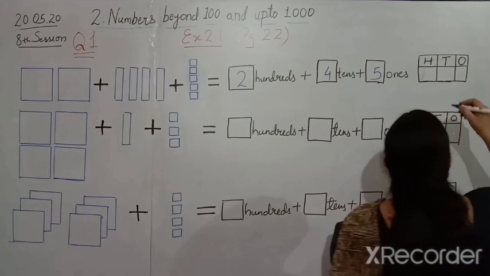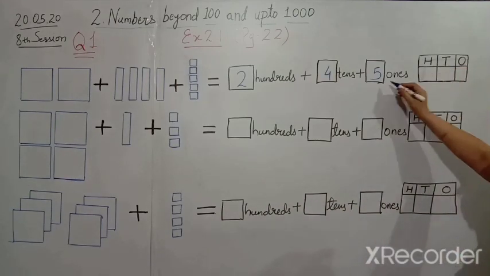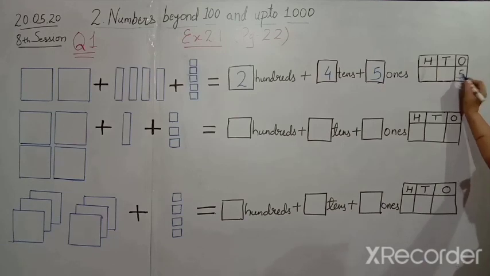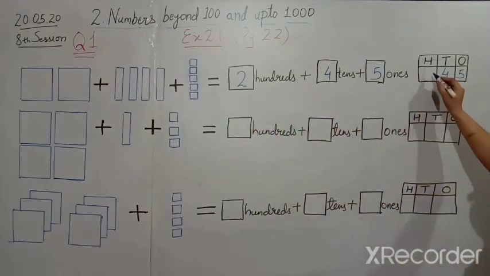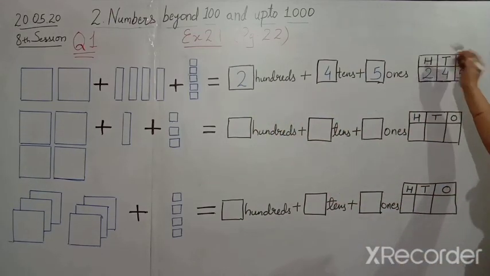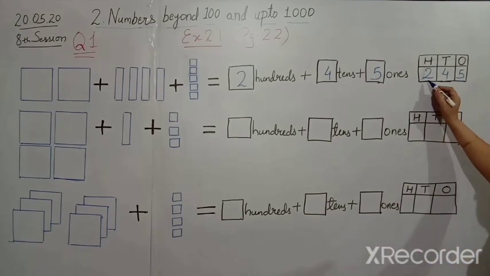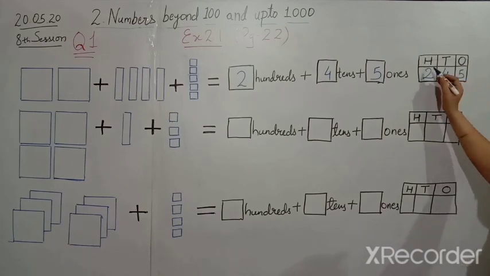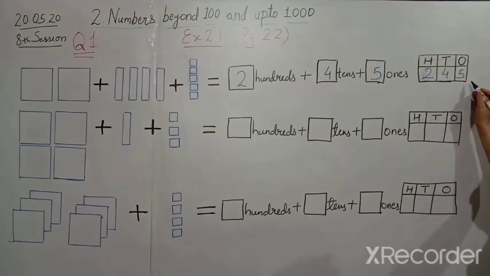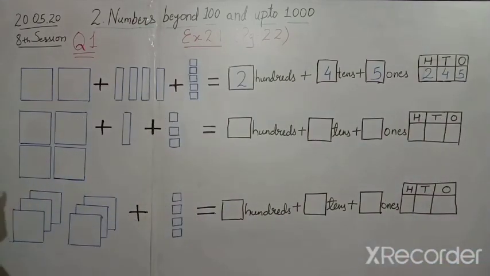Now we have to write the numbers at these places. 5 ones, we'll write 5 at ones place, 4 tens, 4 at tens place, then 2 hundreds, we'll write 2 at hundreds place. So the number formed is 245.